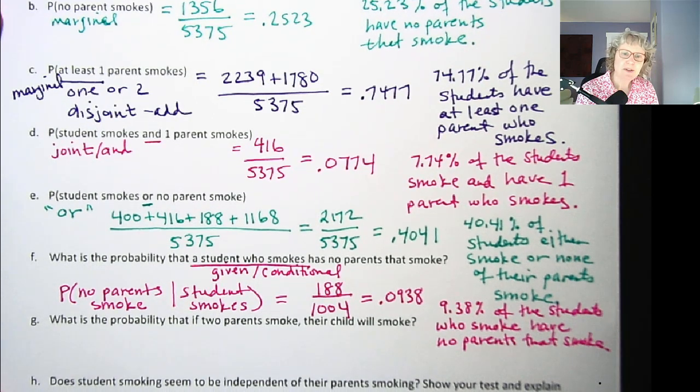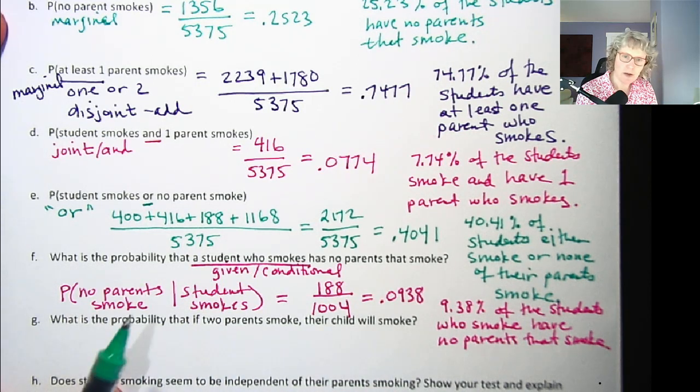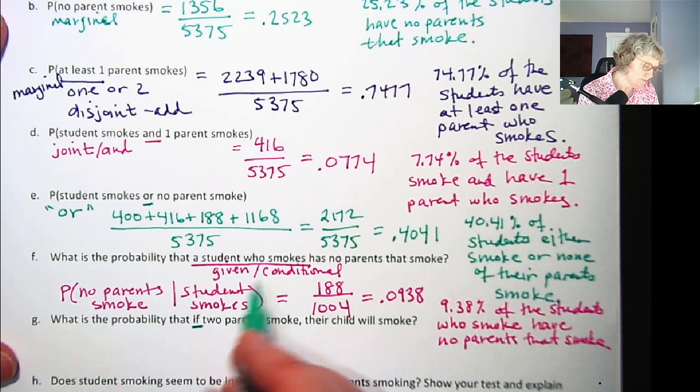Okay, two more. We're almost there. What's the probability that if two parents smoke, their child will smoke? And this is empirical, right? Remember, it's just given this data set. Don't know how representative this is of larger populations. So if, that's conditional, right?